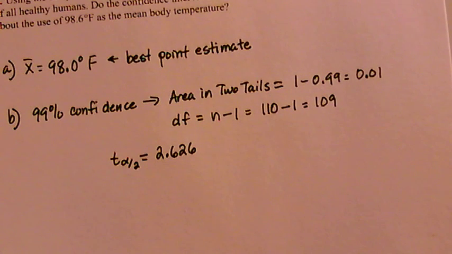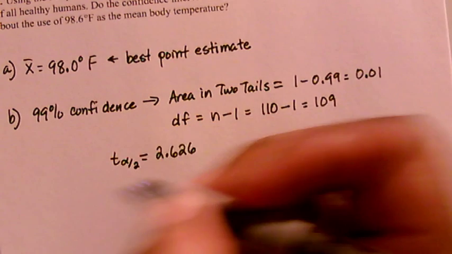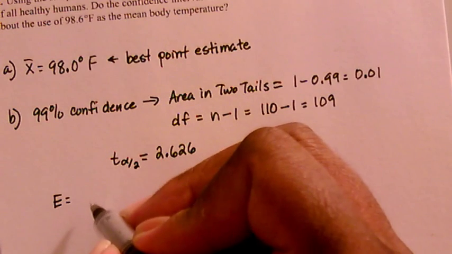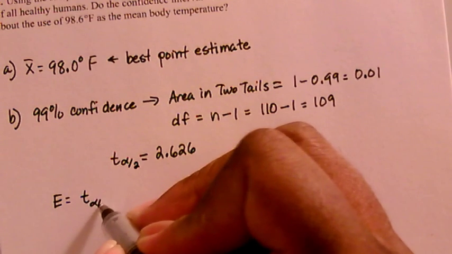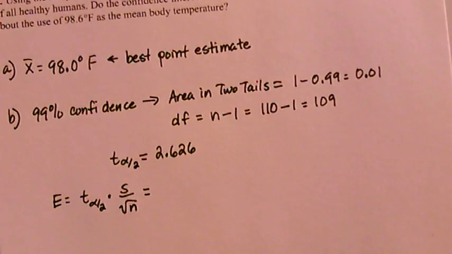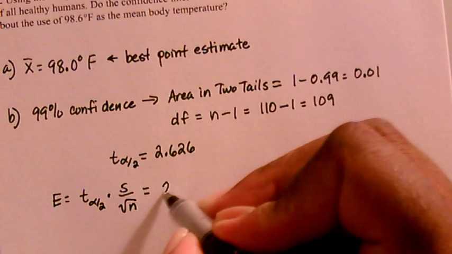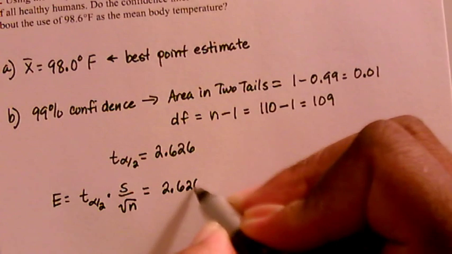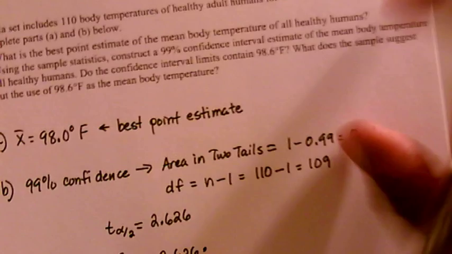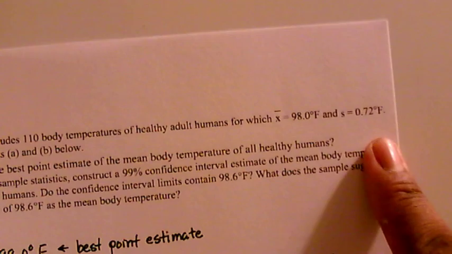Okay, now from that we can find the margin of error. Okay, your margin of error is this. That's T of alpha over 2 times S divided by the square root of n. Your T, we found that out to be 2.626 times S, the standard deviation, that's given to us as 0.72 in this problem.